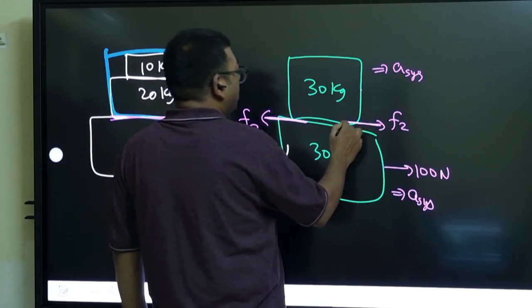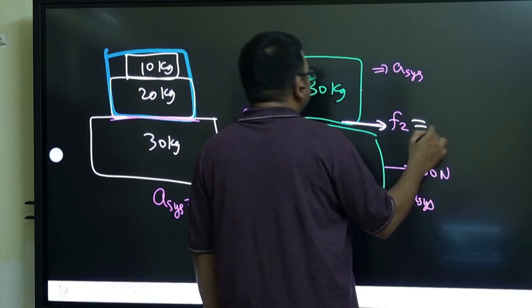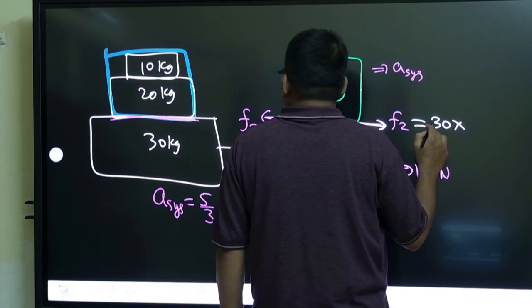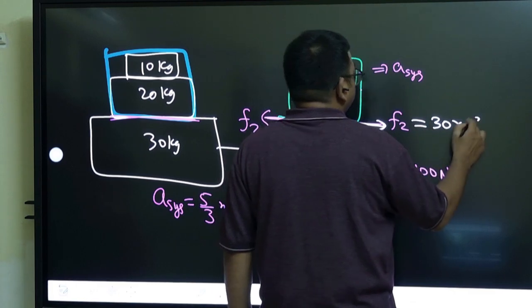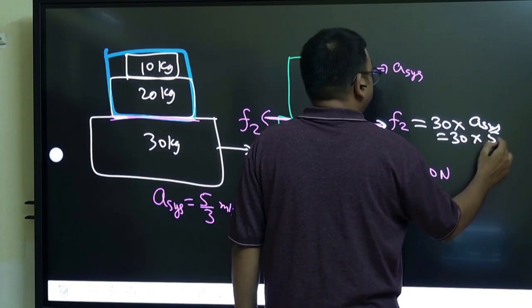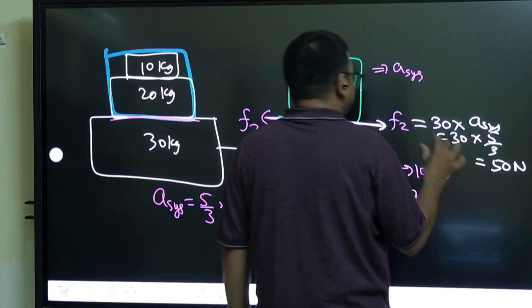For the upper block, this is the only force acting forward, so this is mass into acceleration. Mass is 30 into acceleration of the system, 30 into 5 by 3, so this becomes 50 Newton. So this F2 is 50.